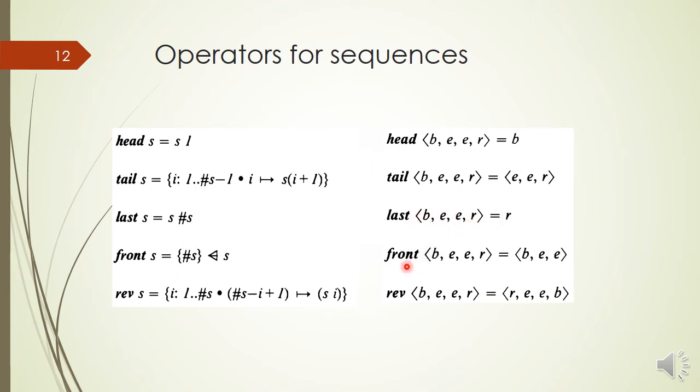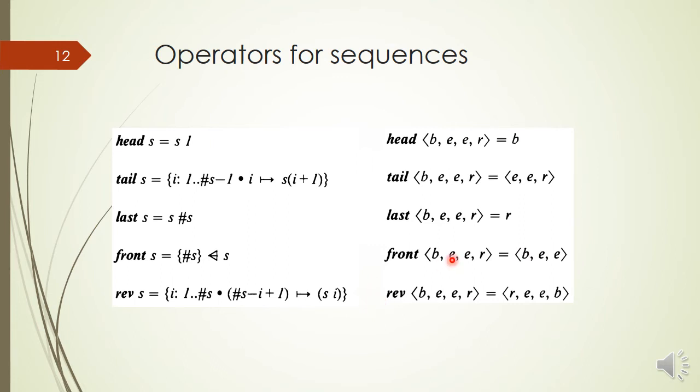The front operator basically returns us a sequence without the last value. If we discard the last value in a sequence, the rest of the sequence would be the front of that sequence.